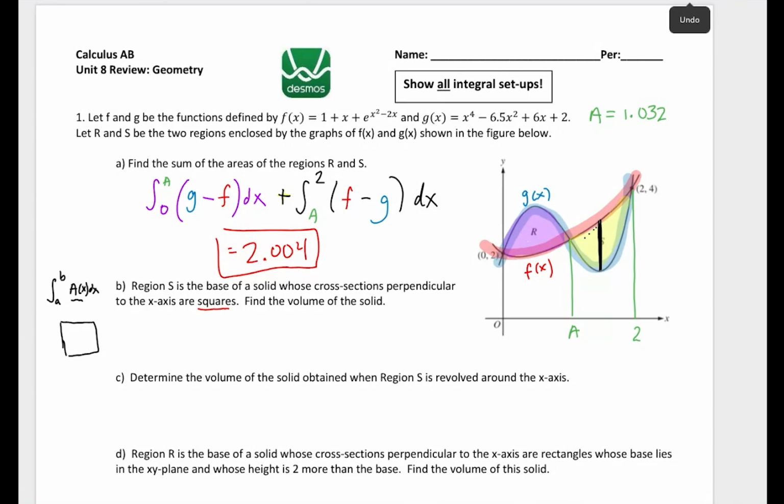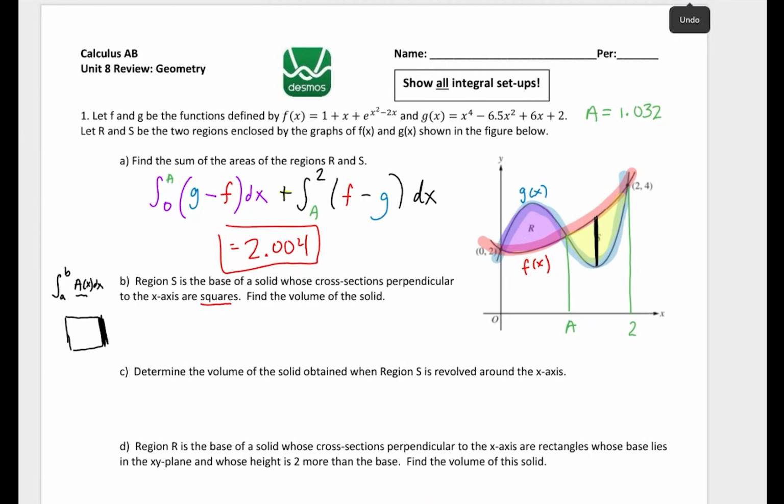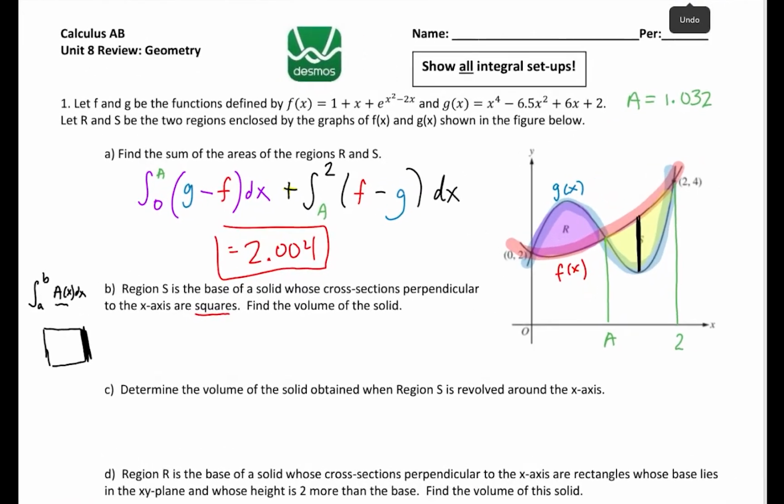But basically that line segment that I have drawn there in black, that is like this side here. Now it's a square, so all the sides are the same. But that side length is going to be f minus g, because f is above g. So this is f minus g, and that's going to be the same for the other side of the square, because it's a square, so all the sides are the same.